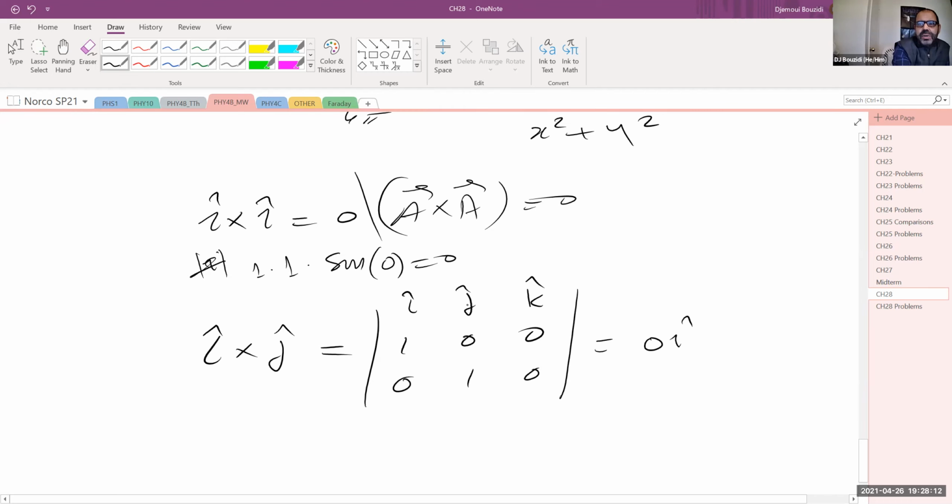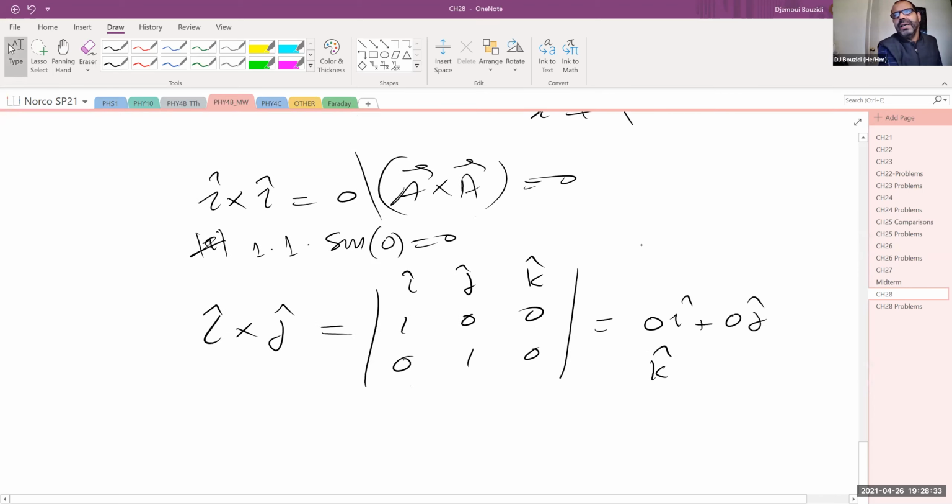So it's 0 i hat plus the j hat term, which is again 1 times 0 minus 0 times 0, which is 0. And then at the end, you will be left with 1 times 1 minus 0 times 0. So it's going to be k hat. So that is part of the properties of the cross product for the Cartesian coordinate system: always i cross i is 0, or any similar vectors are 0.